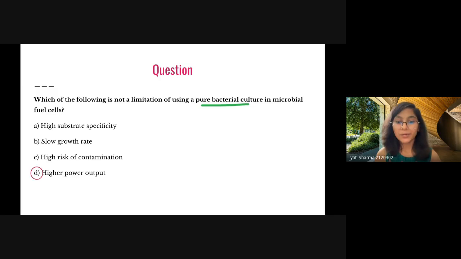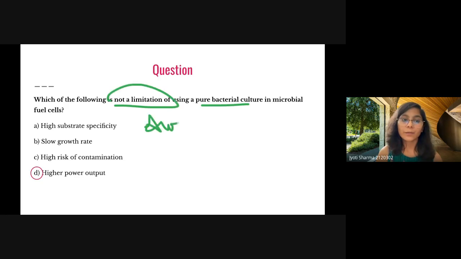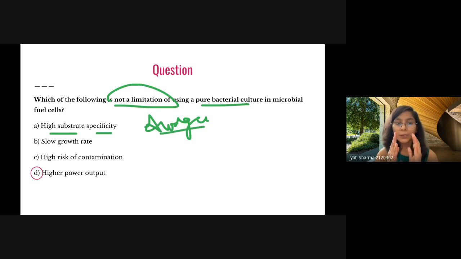Let me tell you, D will be the right answer, because we are talking about the advantages of pure bacterial culture. We are not talking about the disadvantage, because this is not a limitation. So we are talking about the advantage, right? Then high substrate specificity. If we need a very particular substrate, for example, in the wastewater we should have a very particular organic matter in it.